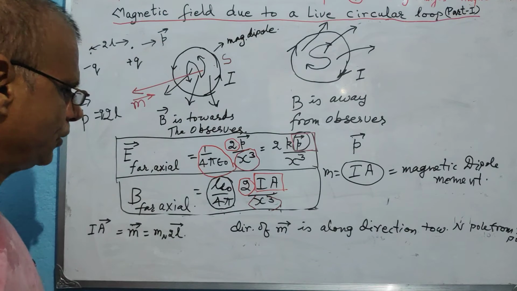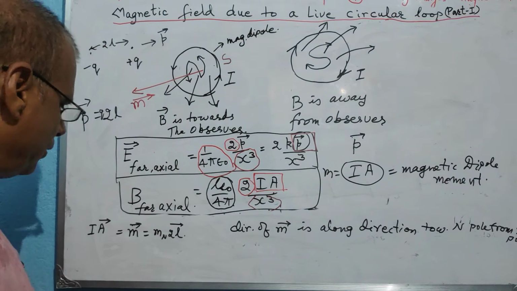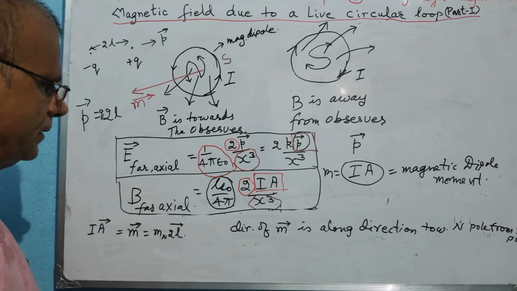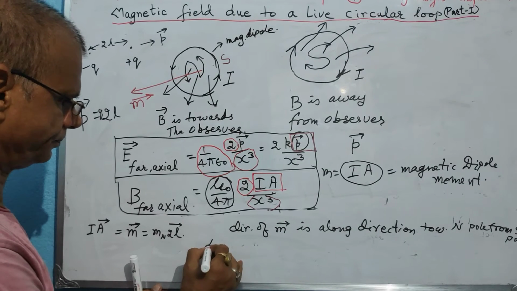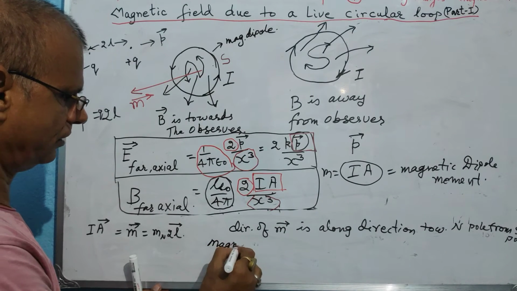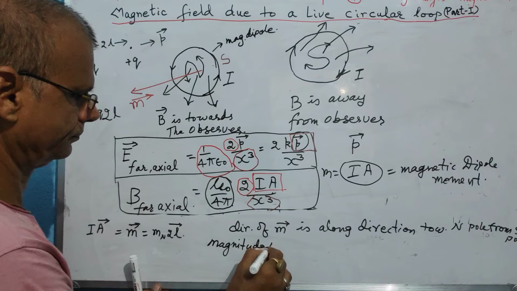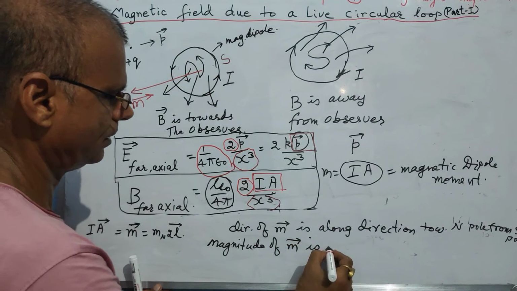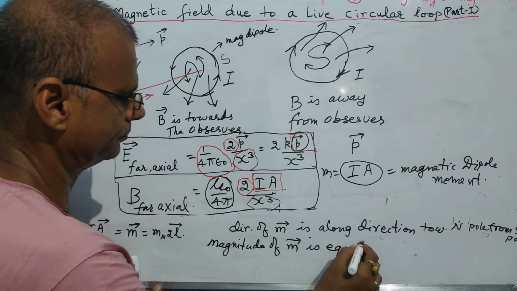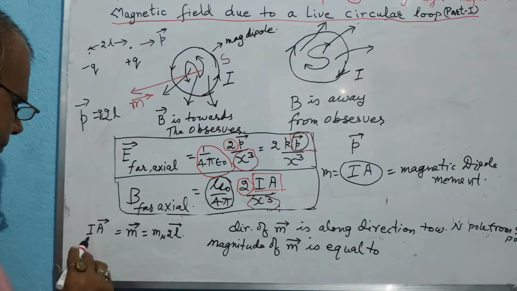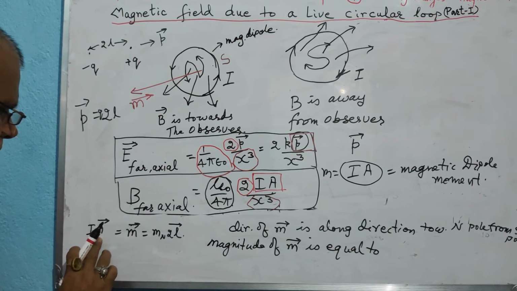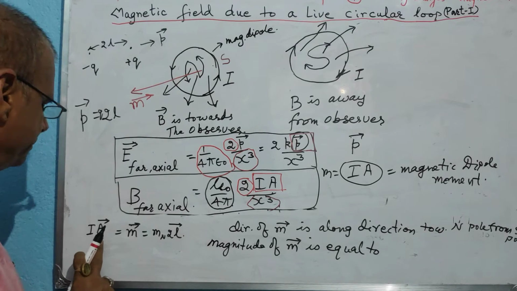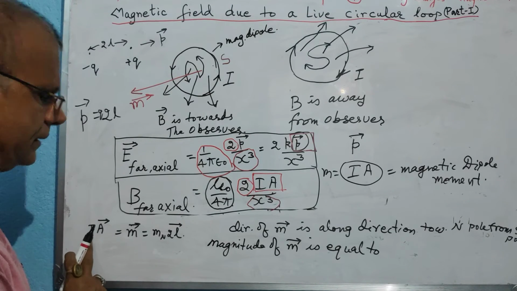And what is the magnitude of magnetic dipole moment? Magnitude of magnetic dipole moment M is equal to the cross-sectional area of the loop into current.